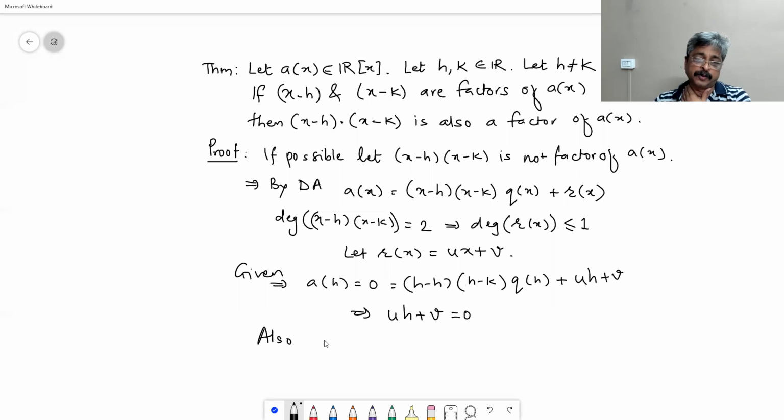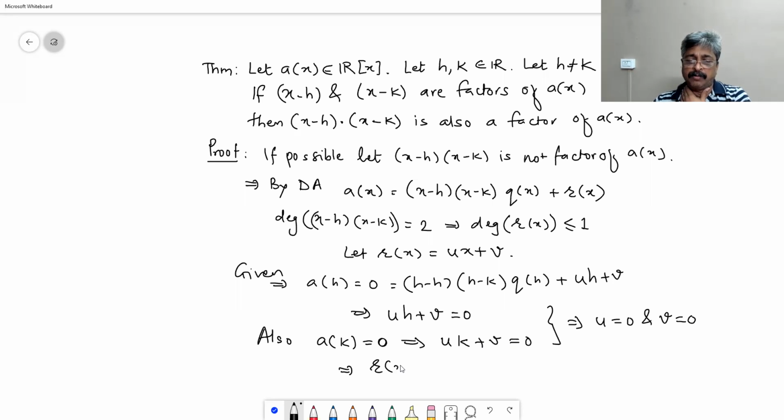Also, a(k) is equal to 0 implies uk plus v is equal to 0. These two imply u is equal to 0, v is equal to 0. Implies r(x) is equal to 0. Implies (x minus h)(x minus k) is a factor of a(x).